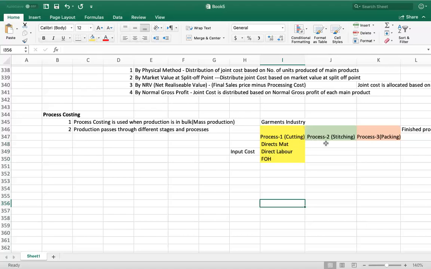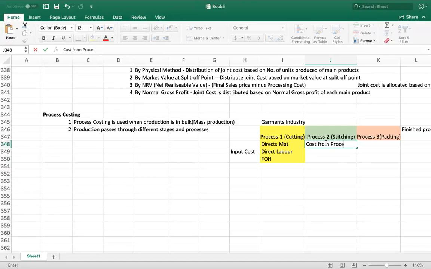Okay, once your production is completed here, you will send it to the second process. In the second process, we will receive cost from process one. Okay, how much it is transferred, all these things are transferred to the second process. So in the second process, we will say cost from process one, plus they will add their own material plus labor plus factory overhead. So in process two, what is our total input cost?